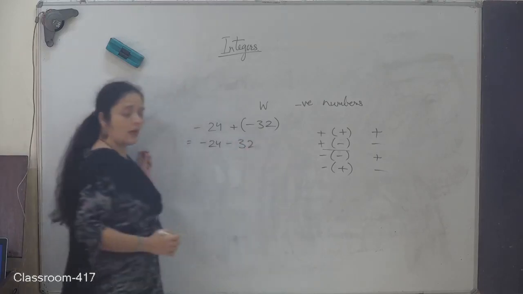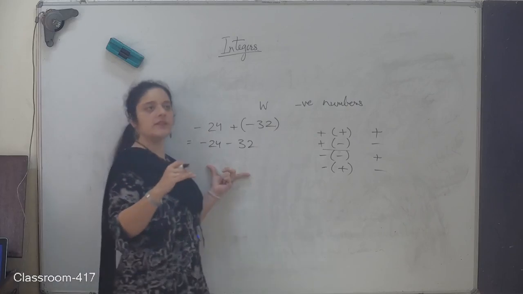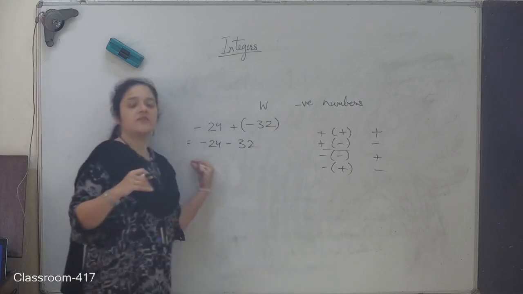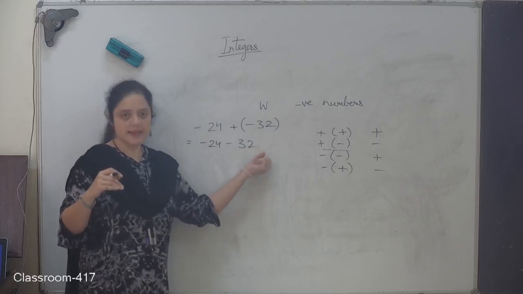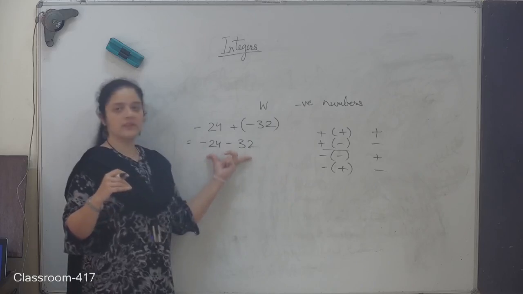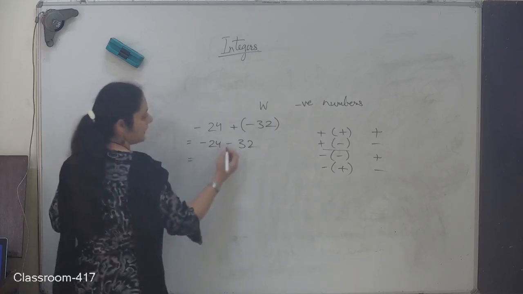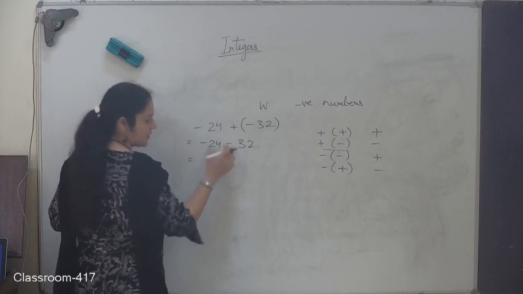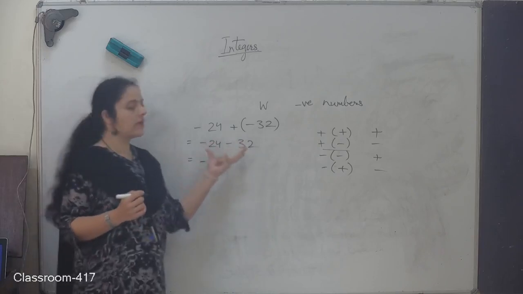Now when I want to solve these, please recall another thing that we did: if we have two integers having the same sign, meaning both of them are negative, you will always add them. So my answer will be 57 because I'm simply adding them, and it will remain minus because obviously my numbers are negative.